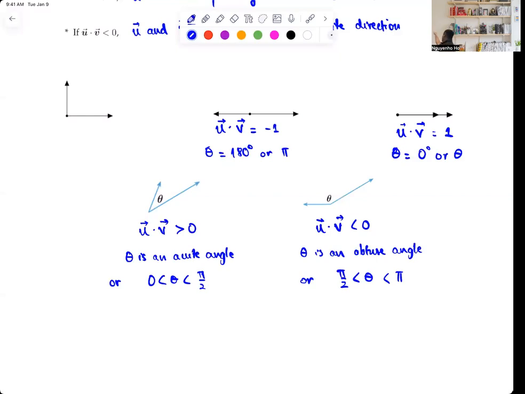If the sun moves to this position, you have no energy collected. So most of the time, the solar panel is placed at an angle so that it can collect the most energy from the sun. That's one of the applications of the dot product.